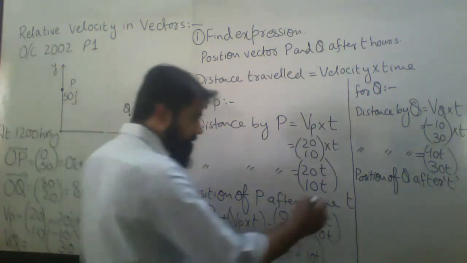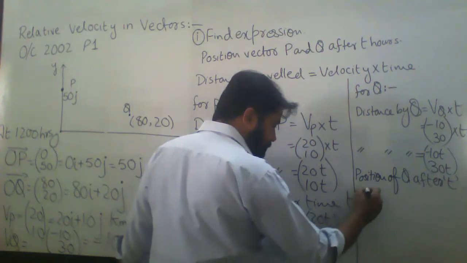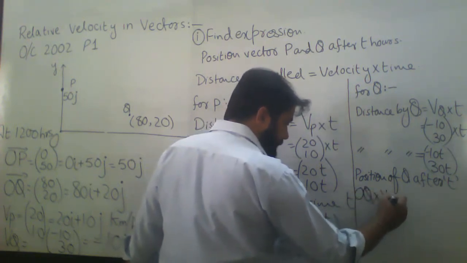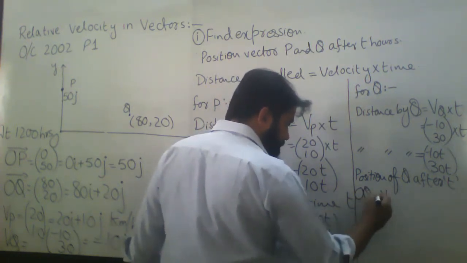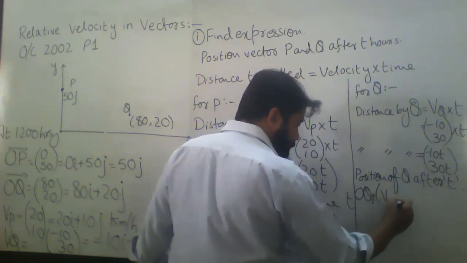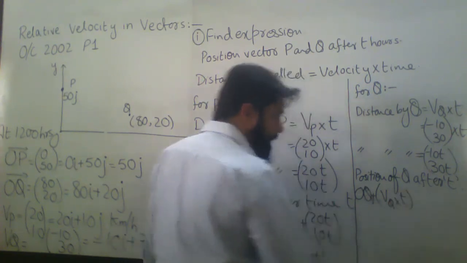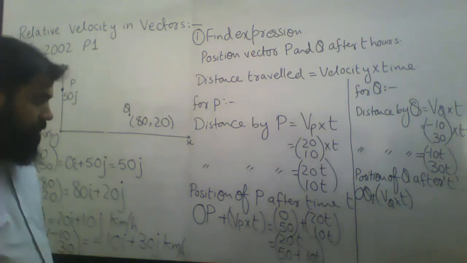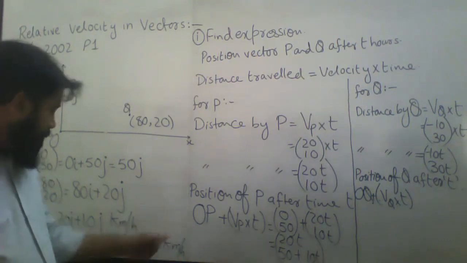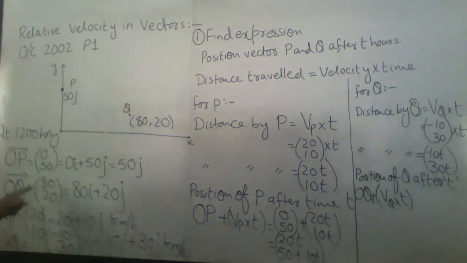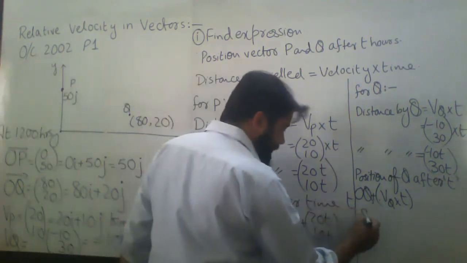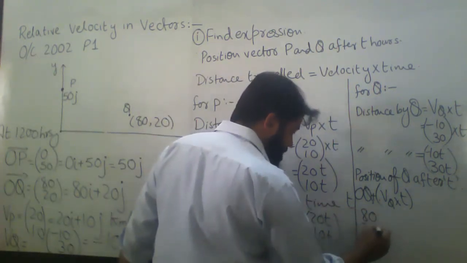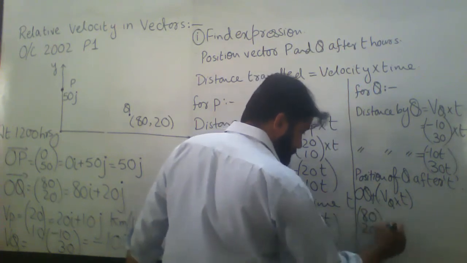I will write OQ plus VQ multiplied by T. What was OQ given to me? OQ was given as (80, 20).